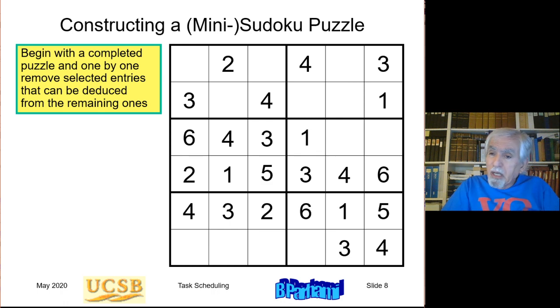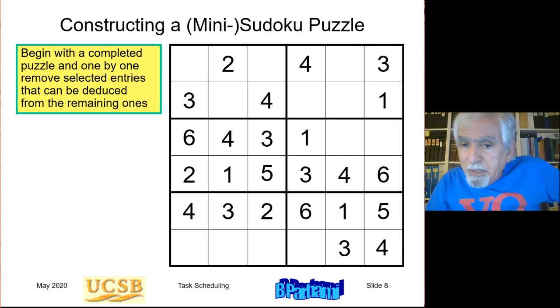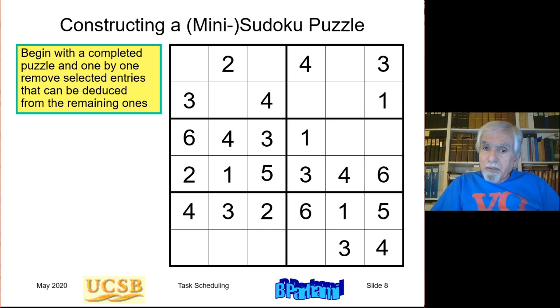Now, not every Sudoku puzzle has a unique answer, but Sudoku puzzles used in newspapers and magazines always have unique answers. The reason is that these newspapers and magazines want to be able to give you the solution maybe the next day or the next week. So there should be one solution.